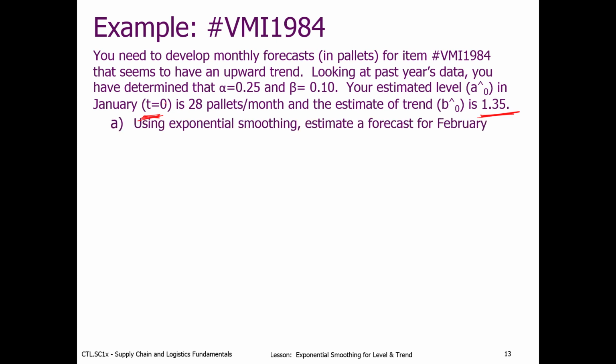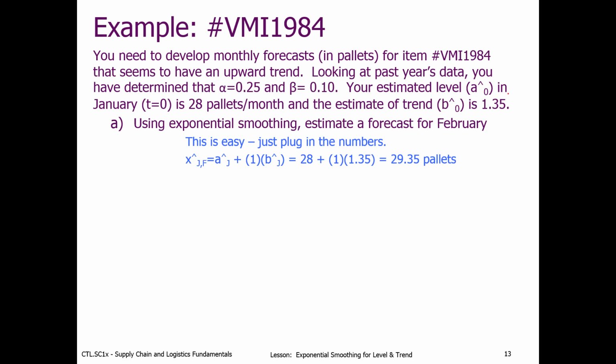Well, using exponential smoothing, Holt's method, which means we're going to look at a level and a trend, we want to estimate the forecast for February. And so this is easy. You're just going to plug and chug here, because my x hat j comma f, which is the forecast at the end of January for February, is going to equal my estimated level in January plus 1 month times the estimated slope of the trend, which is the b hat in January.